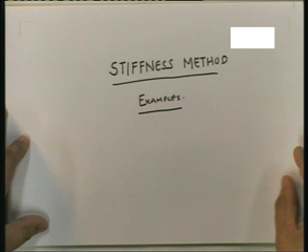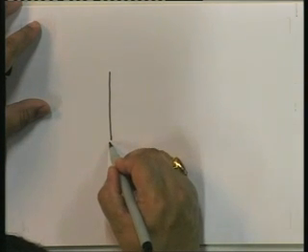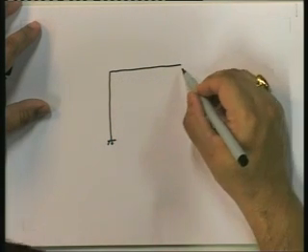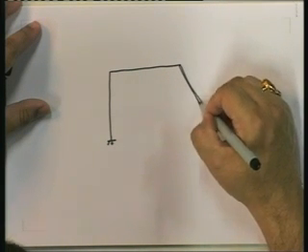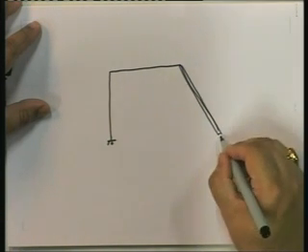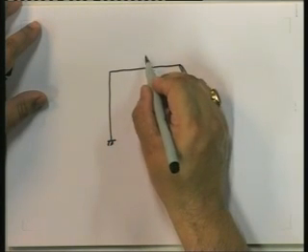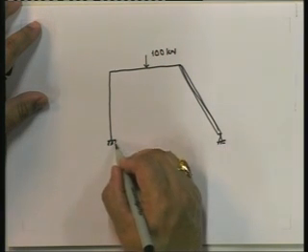Okay? The first example was the one that I had presented in the last lecture at the end, which was this problem that I had solved in the last lecture.